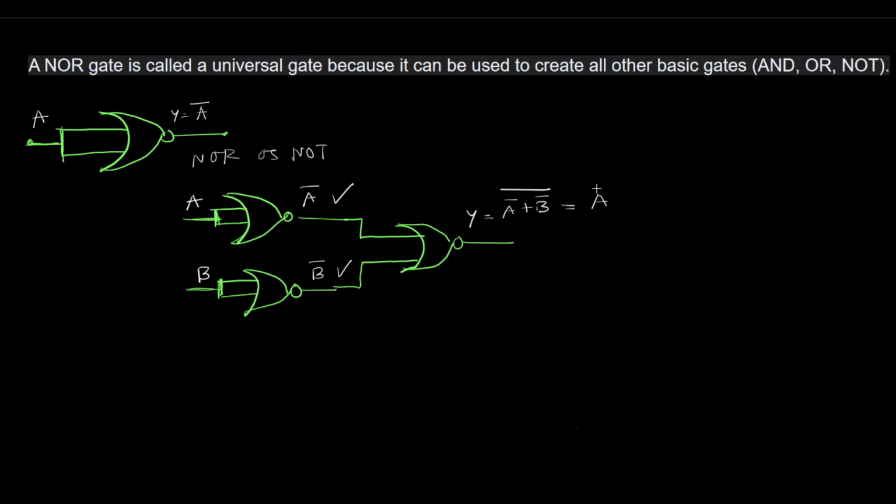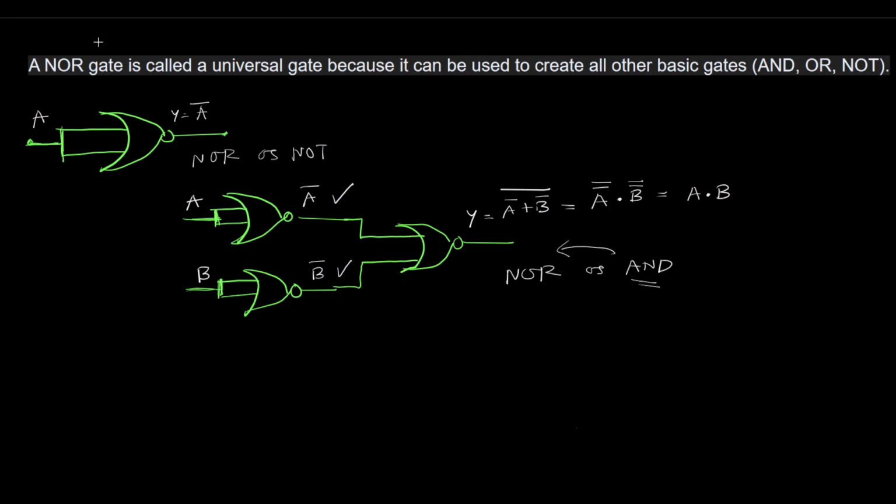So A double complement dot B double complement, that means A dot B. So you know this is the expression of an AND gate. So this is NOR as AND. This is how we can construct AND gate using only NOR gate.